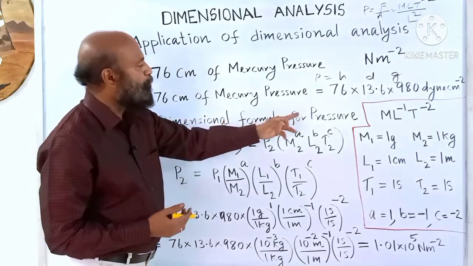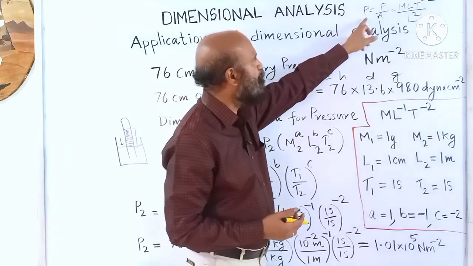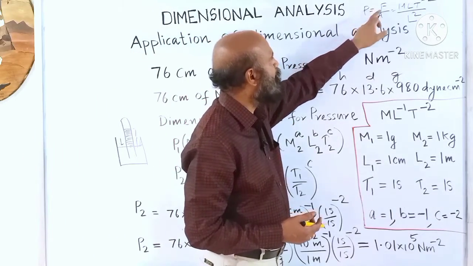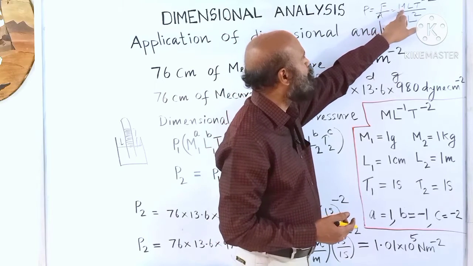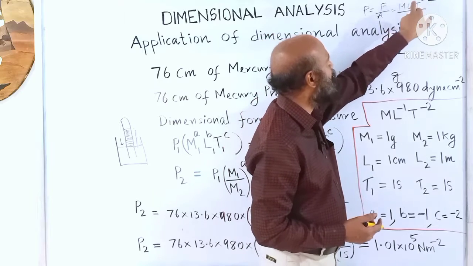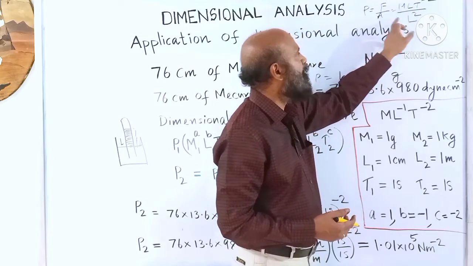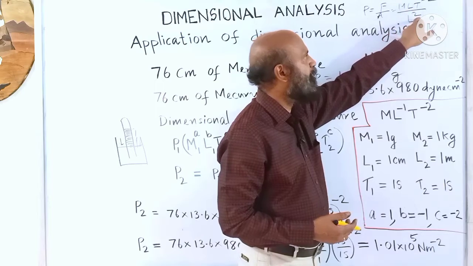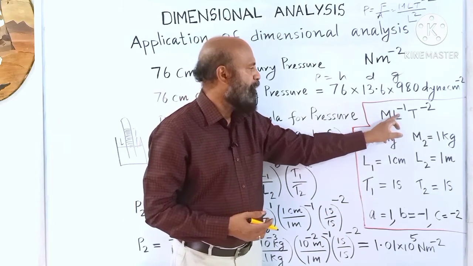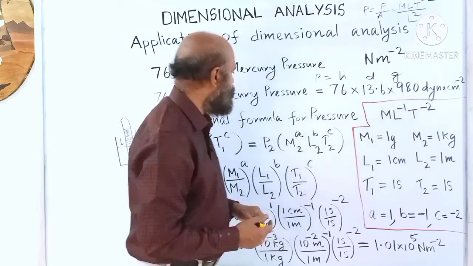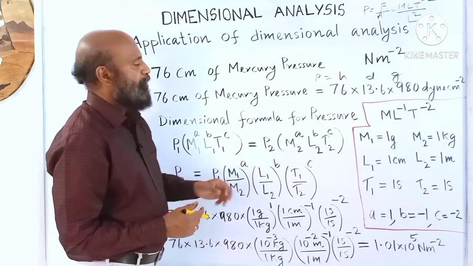Then the dimensional formula for pressure you can get from this. Pressure is force divided by area. Force is mass into acceleration. Acceleration dimension is L T raised to minus 2. Area is L square. One L will get cancelled. So the dimension for pressure is M L raised to minus 1 T raised to minus 2.